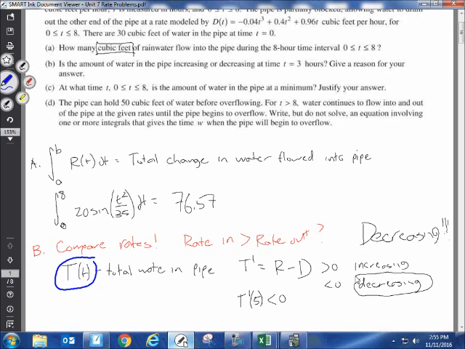So I need to see when T prime changes sign from negative to positive. That'll be the location of a relative min. I also need to check 0 and 8 and compare, unless we can figure out the signs of T prime and really specifically say that's definitely going to be the min.